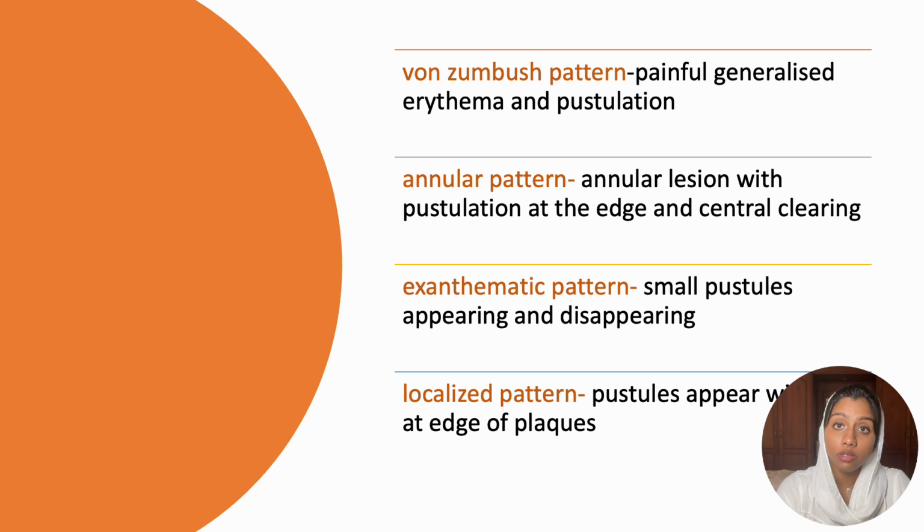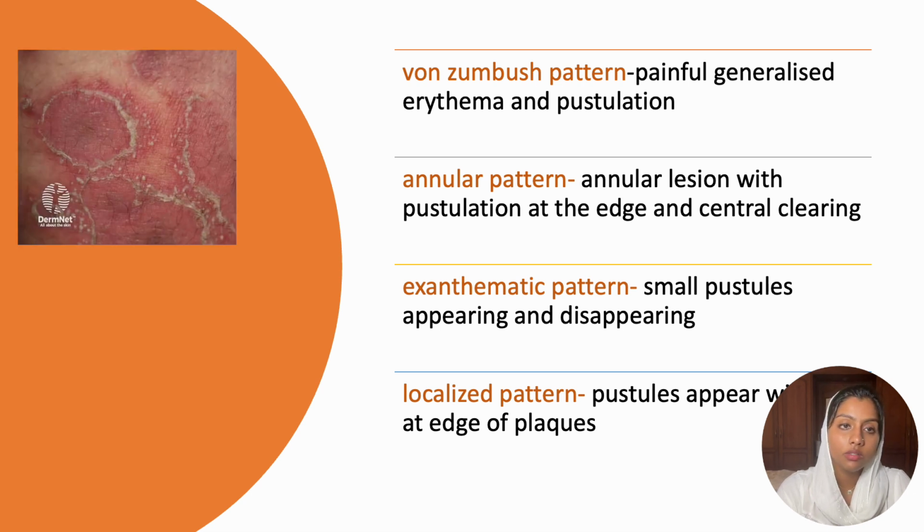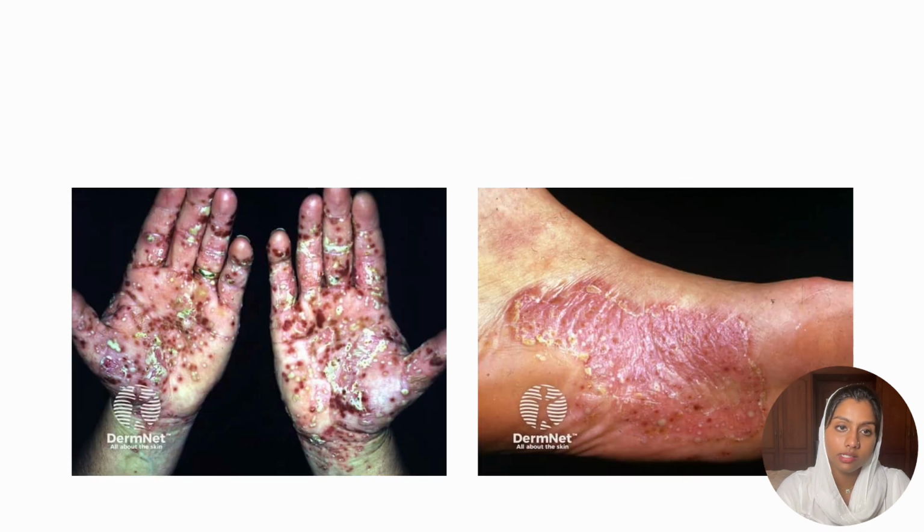Then you have the annular pattern, where you have annular lesions with pustules arranged in an annular pattern with a central clearing. Then you might get an exanthematic pattern, where you have pustules that come and go on and off. Then you might also get a localized pattern, where you have pustules that appear at the edges of the plaques. So this is an example of the annular pattern of pustular psoriasis.